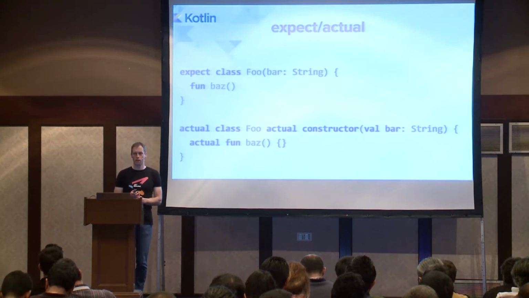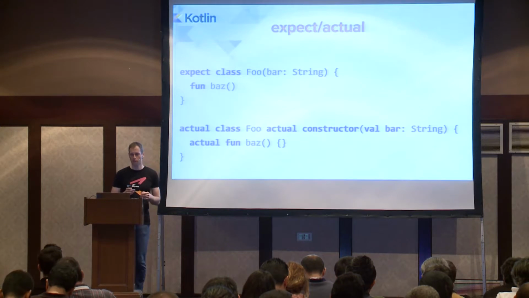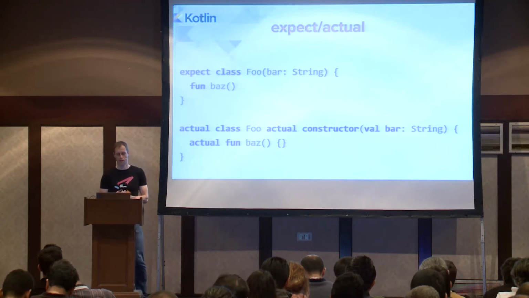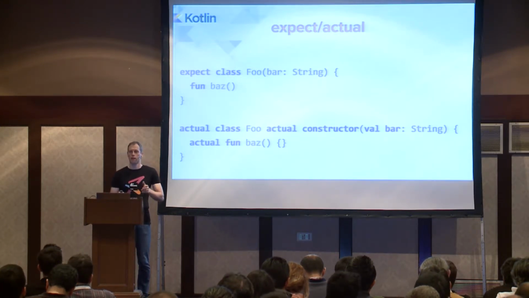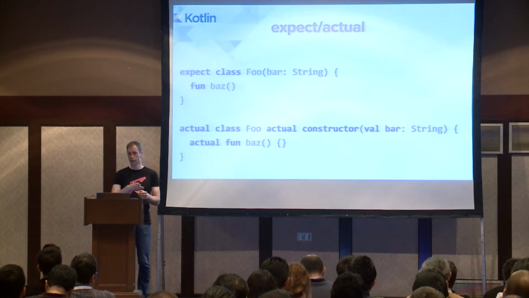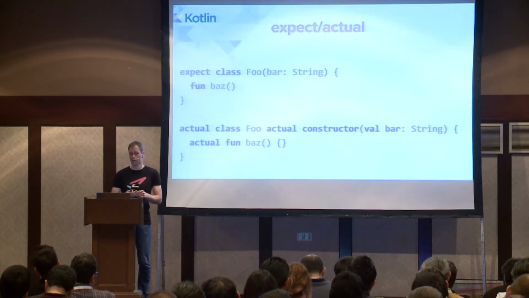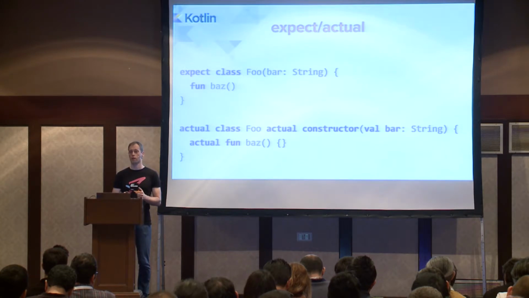And another non-obvious advantage is that if you have a common module and, for example, two platform modules, JVM and JS, and you declare an expect class in the common module, you implement this class in JVM, for example, the compiler will give you an error if you do not implement this class on the JavaScript platform.